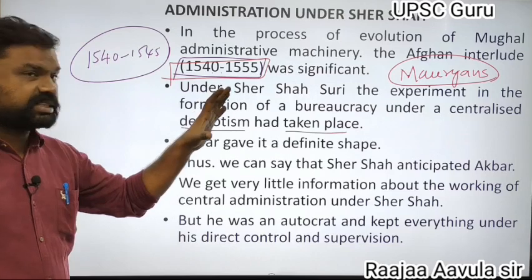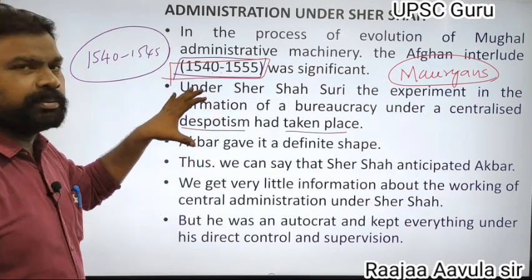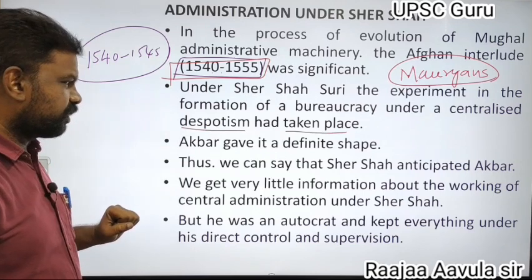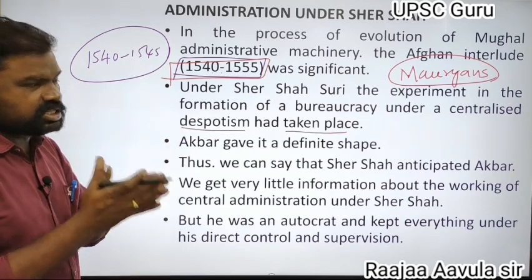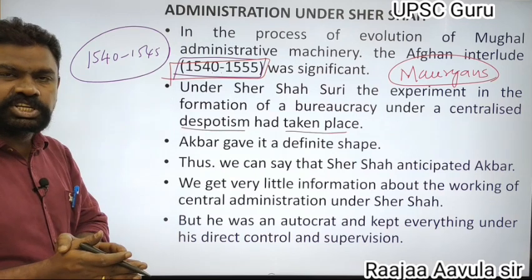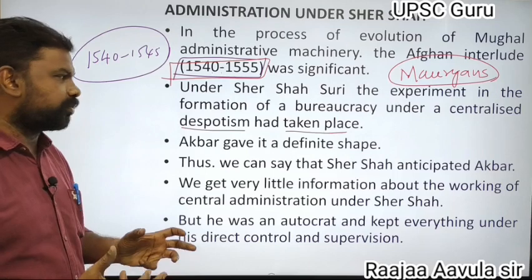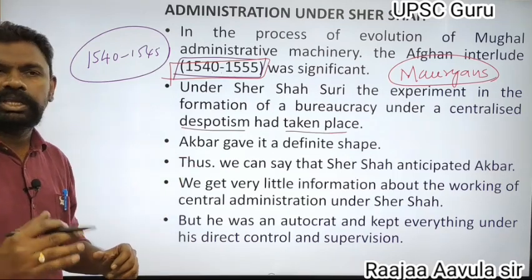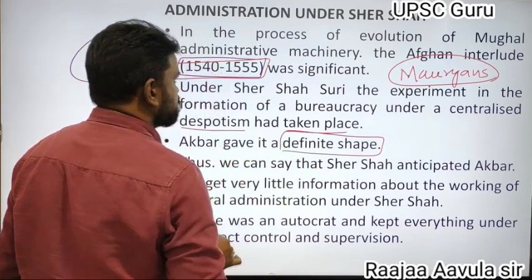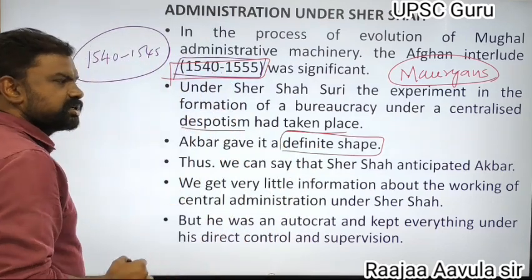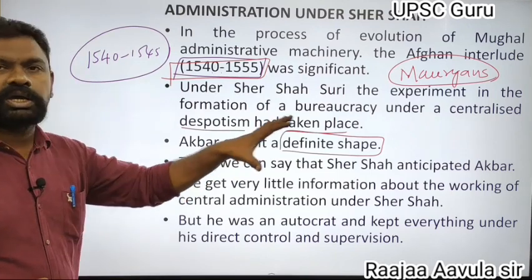To bring this centralized despotism, Sher Shah Suri made different experiments. Later, Akbar gave a definite shape to the administrative system of Sher Shah. Thus we can say that Sher Shah anticipated Akbar. Sher Shah was a guide to Akbar for ruling.